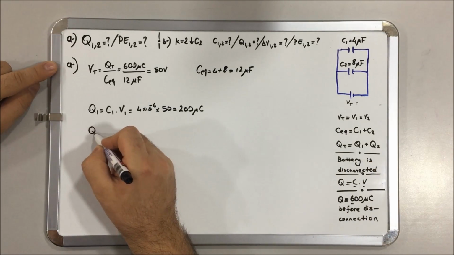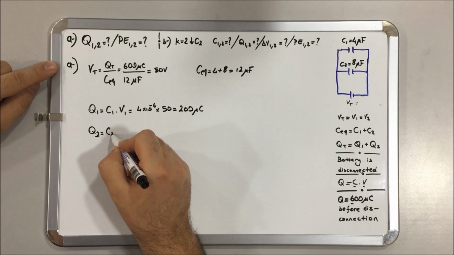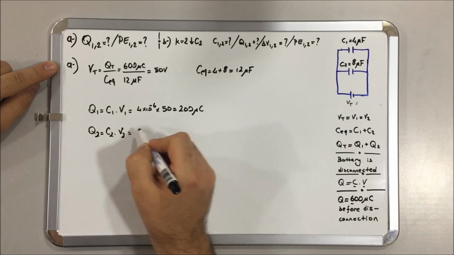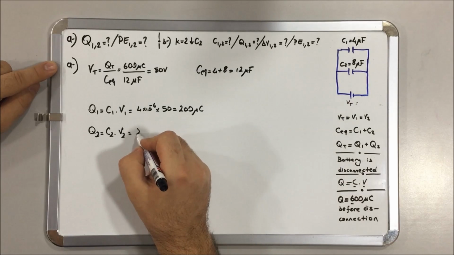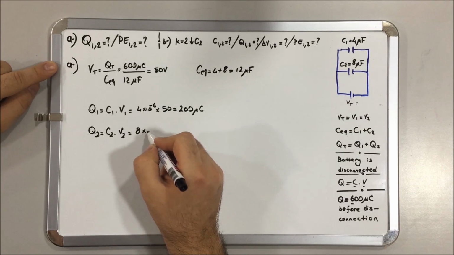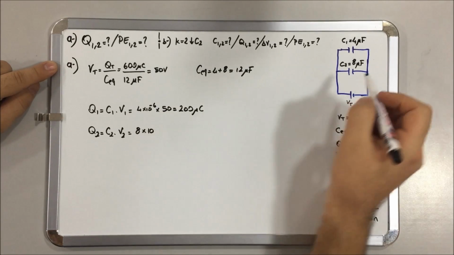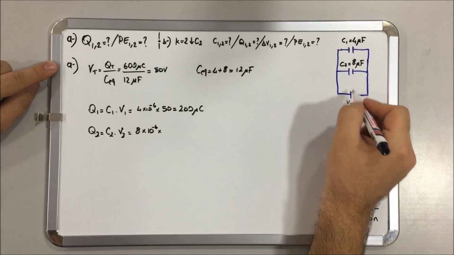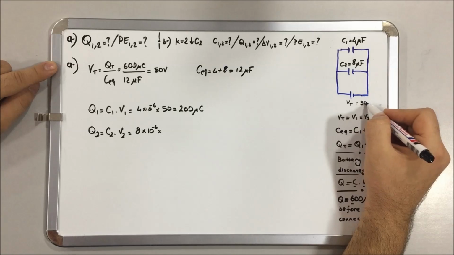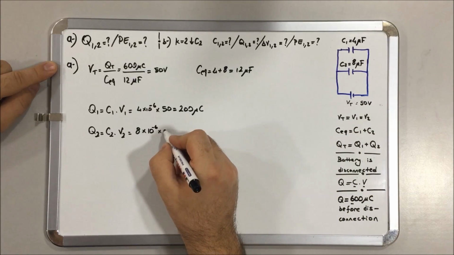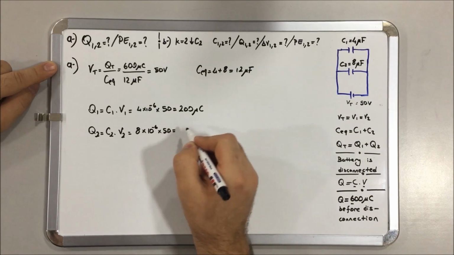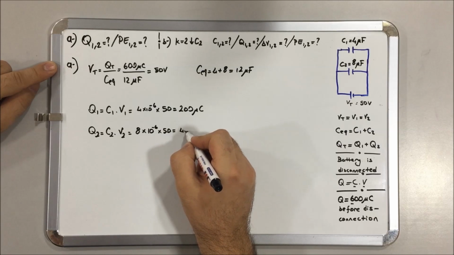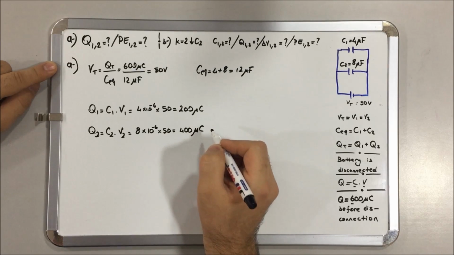And Q2 will be C2 times V2. C2 is 8 microfarad, 8 times 10 to the minus 6, times the potential difference, same as the potential difference of the battery, 50. So it will be 400 microcoulomb.